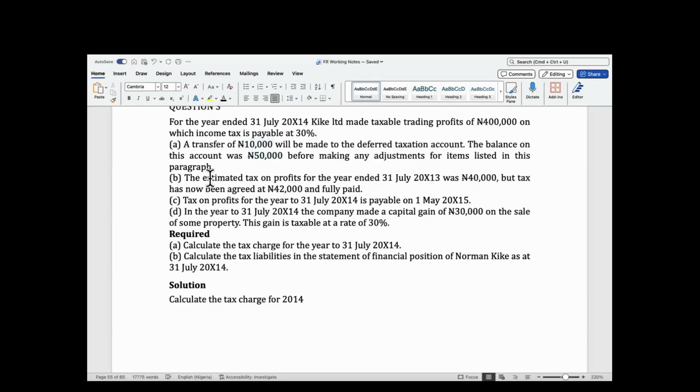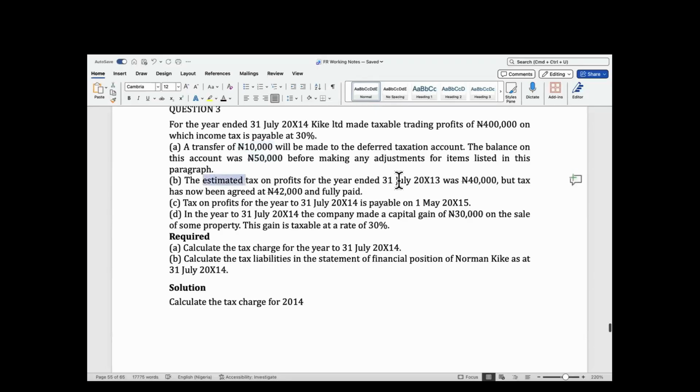Aside that, we were told that the estimated tax for last year was 40,000, but we agreed 42,000 with the tax authority and fully paid. In fact, if they don't tell you that it's fully paid, you should assume that it's fully paid, because as soon as they give you a demand notice, you pay instantly, because penalty interest will be accruing.